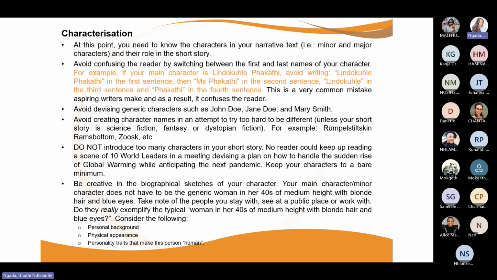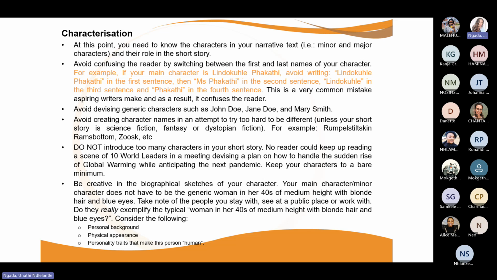Try and keep your characters to a bare minimum. For a short story, at least less than five. Because if you have too many characters in your short story, it's going to be very difficult for the reader to discern what role each character plays. And this is why you have to be very, very careful in the setting of your short story.